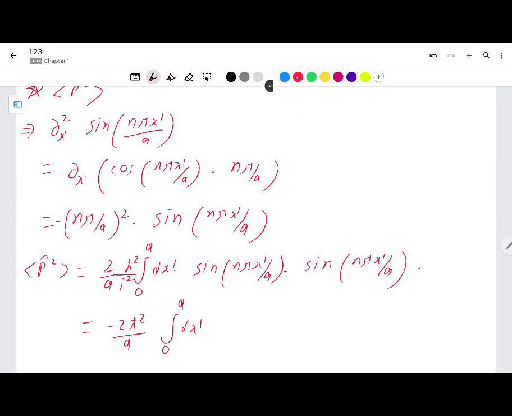There is a minus 1, okay, so this will become positive, and this will be sine squared, with n squared pi squared by a squared.